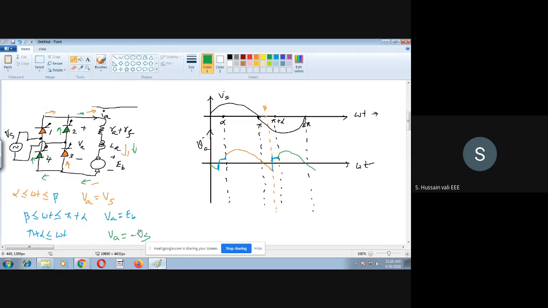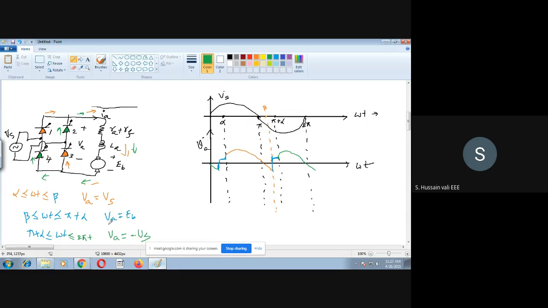This will happen till another range. In this range, from pi plus alpha to 2 pi plus some angle, that duration is the same as this duration.